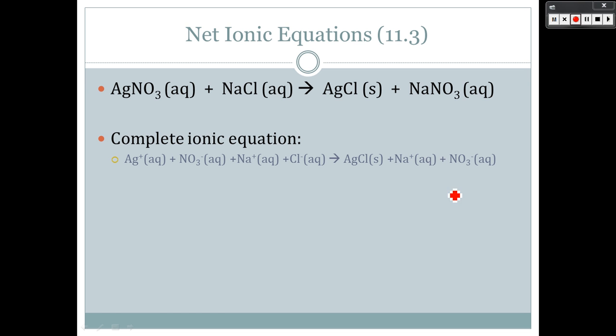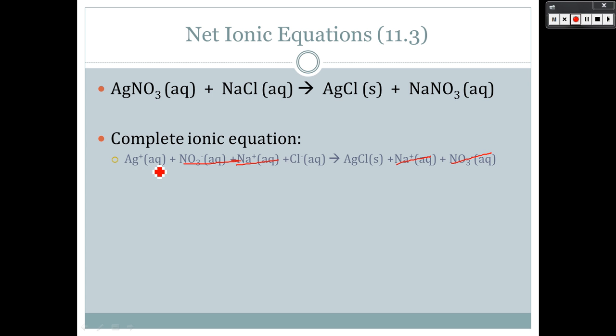Now what we're going to do is cancel out anything that appears identically on either side of the yield sign in the reactants and the products. So we've got a sodium ion here and a sodium ion there. We've got a nitrate ion there, and a nitrate ion there. And those are called spectator ions. They don't actually participate in the reaction.